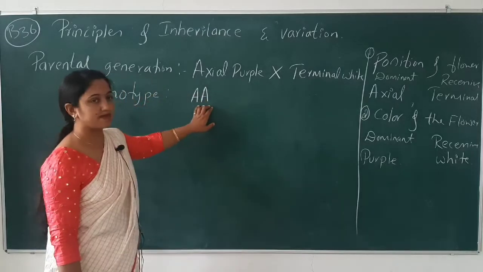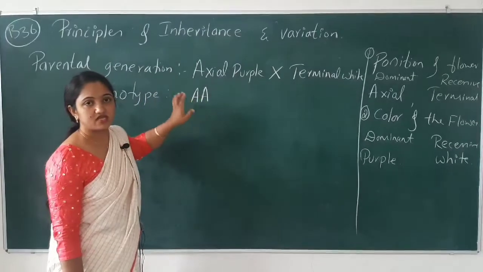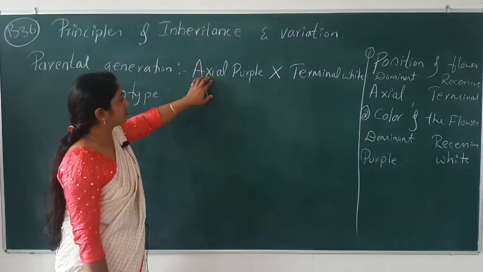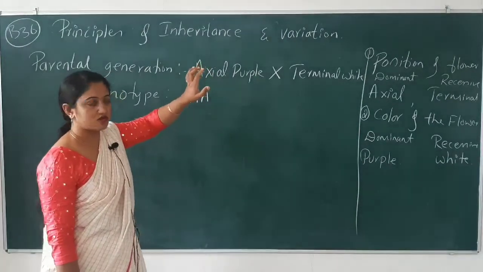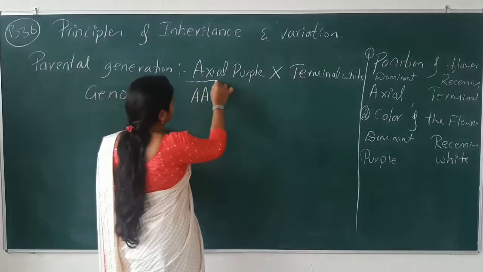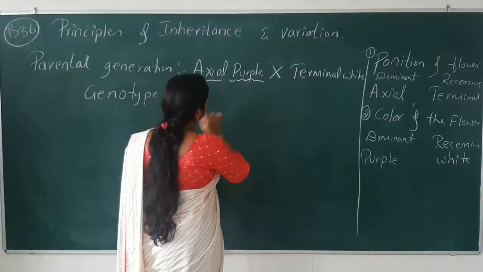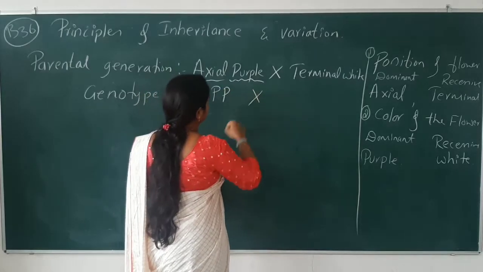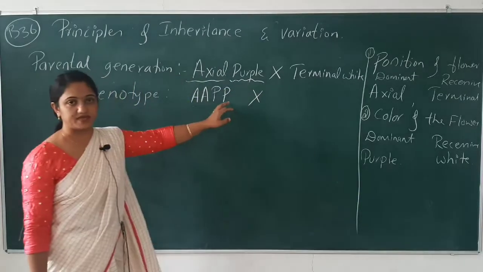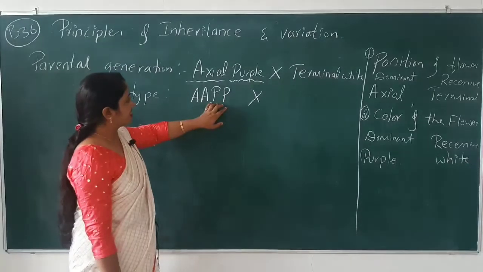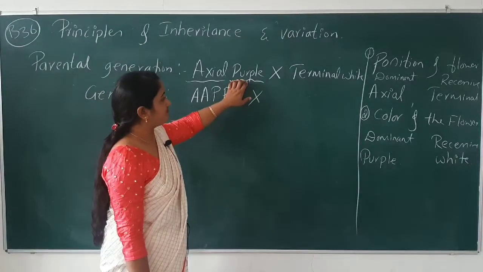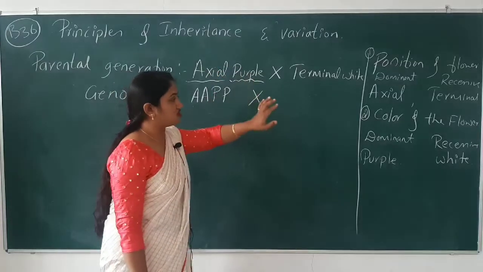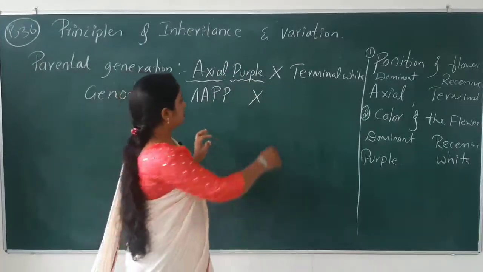Capital A indicates the genotype of the position of flower, axial trait. Now for the purple, I will write capital P, capital P. P indicates the color of the flower, the dominant gene of the flower.